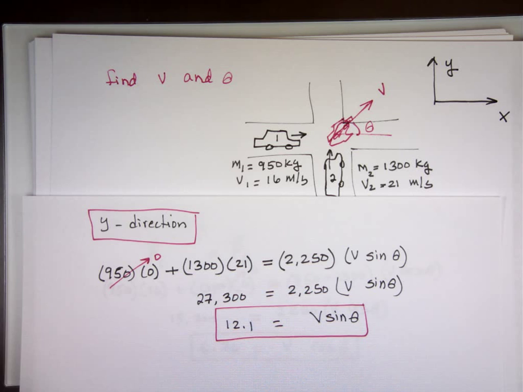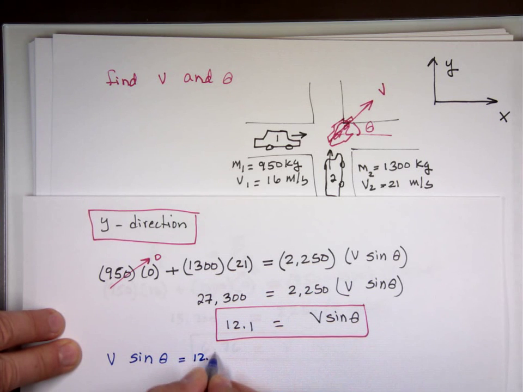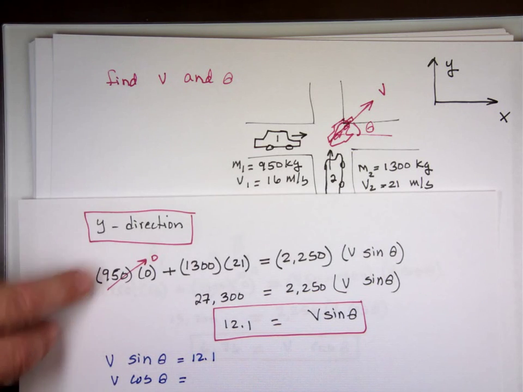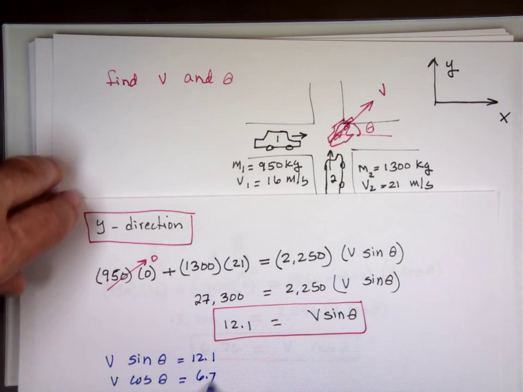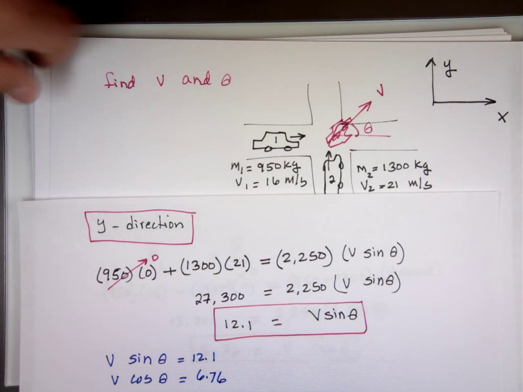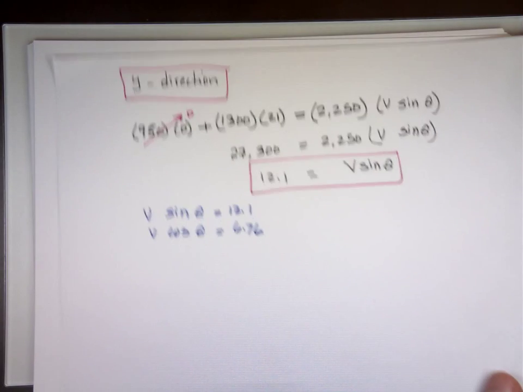V sine theta equals 12.1. The other one, V cosine theta, equals 6.76. And now solve them. I can solve these any way I want.